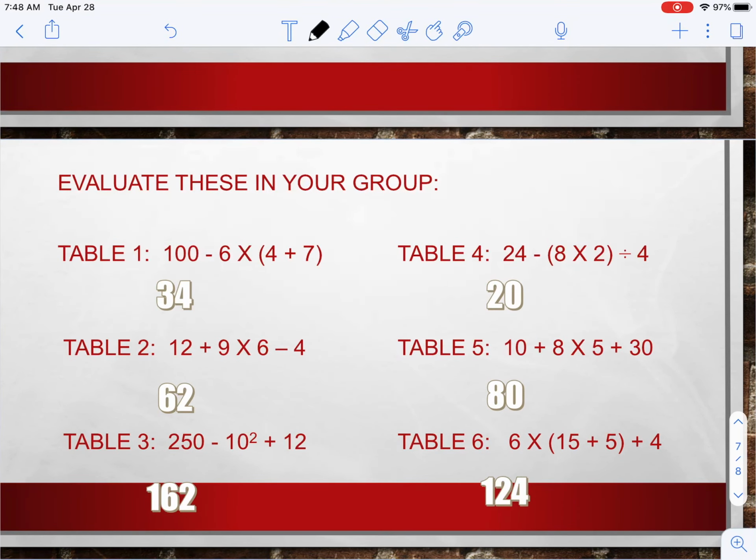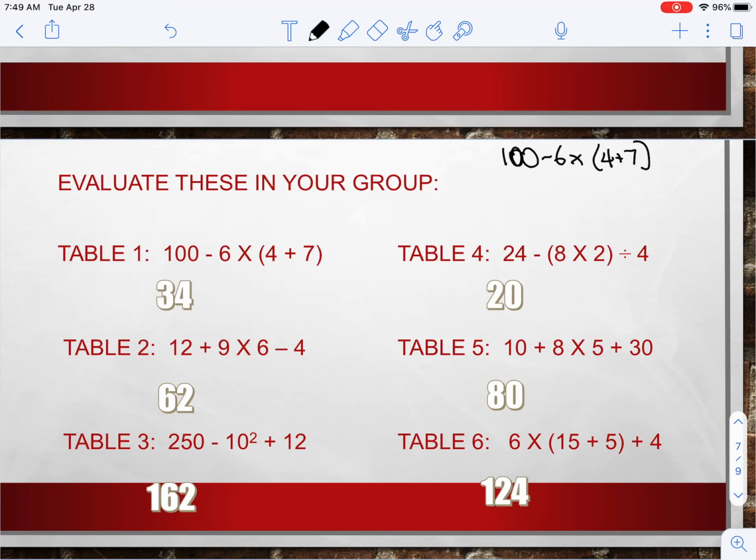Now, I had some of these that I would do with different table groups, but it's okay. I just want to do maybe 1 or 2 of them. Let's see here. Let's try the first one. 100 minus 6 times parentheses 4 plus 7.